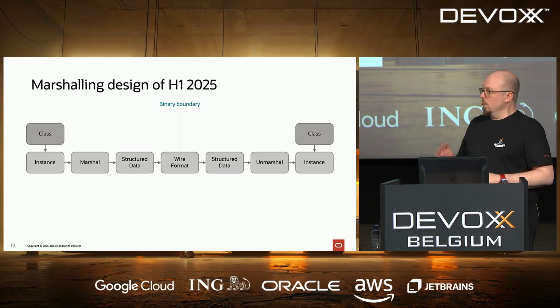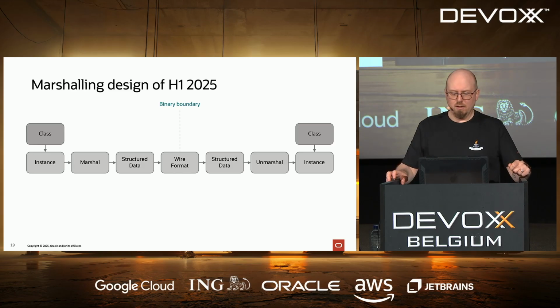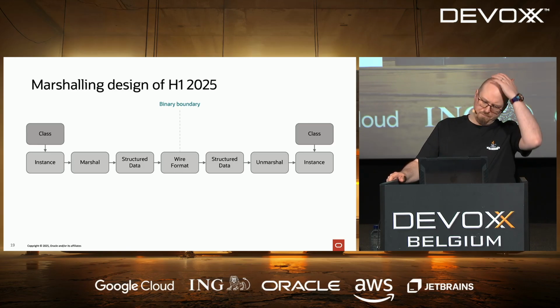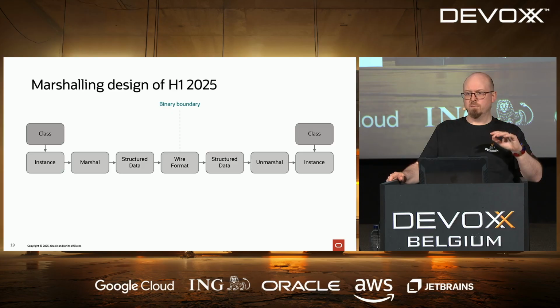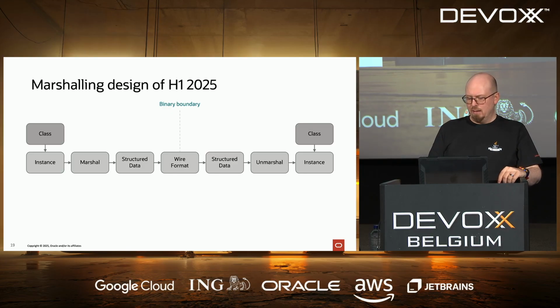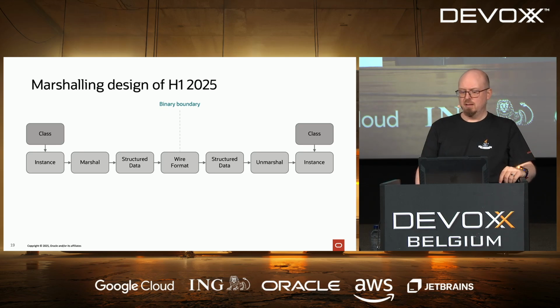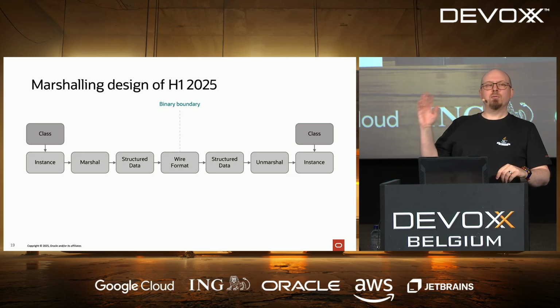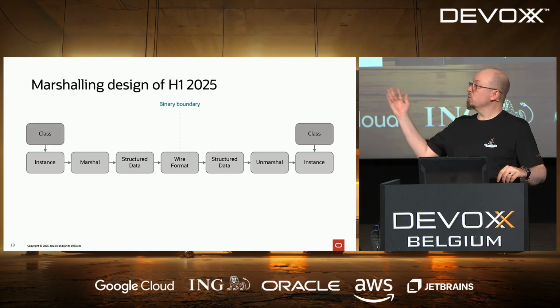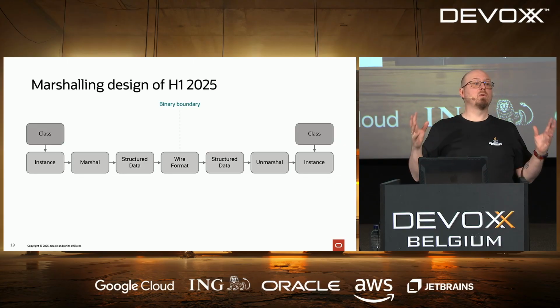So I gave a presentation, I think it was earlier this year, which was how marshalling looked at that point in time. And the key feature here was we had an intermediate representation called structured data that was an immutable representation.